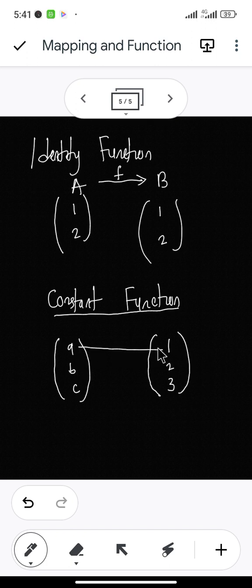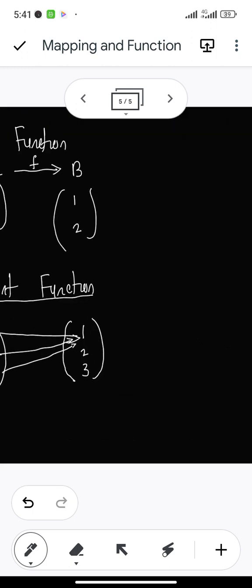A can be mapped to 1, B can be mapped to 1, and C can be mapped to 1. This is a constant function because all the elements in the domain have the same image in the codomain.